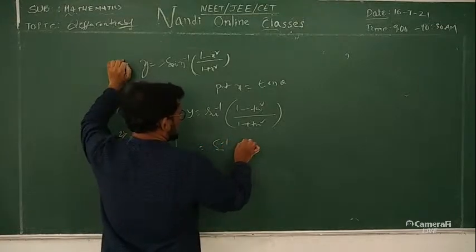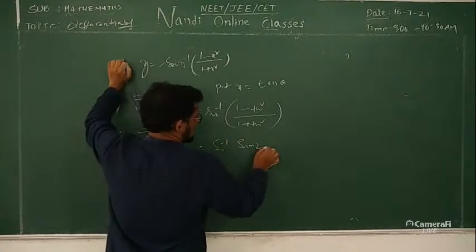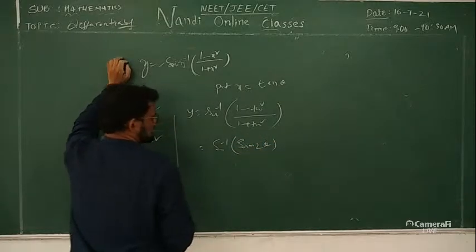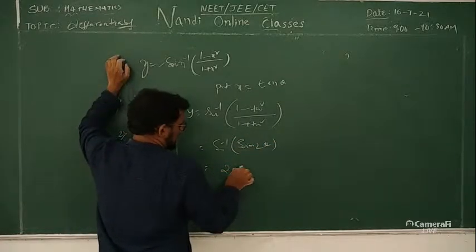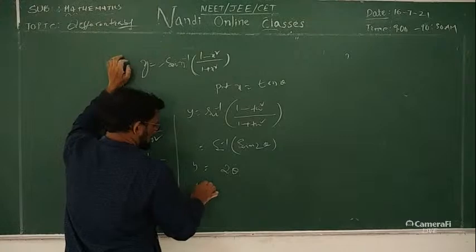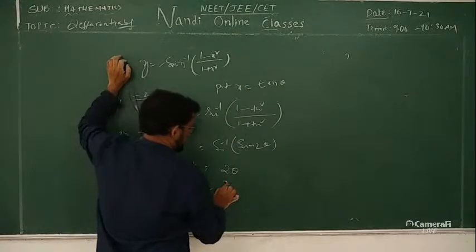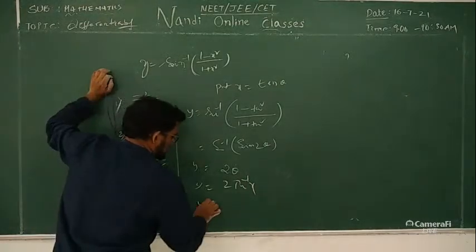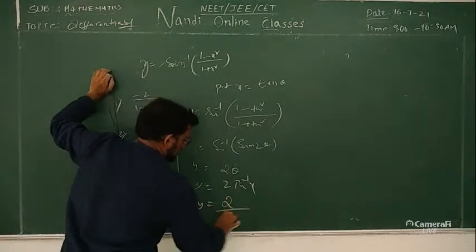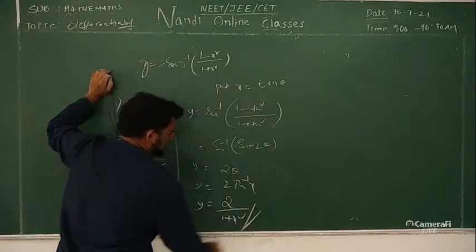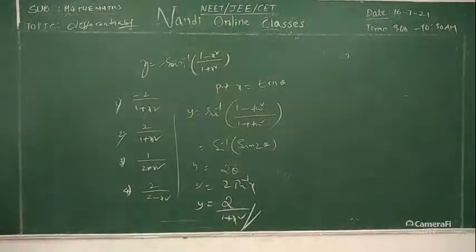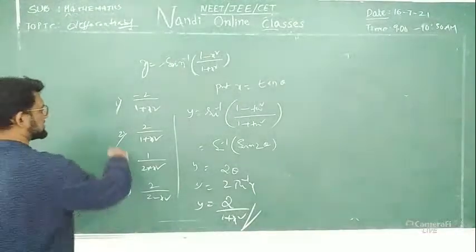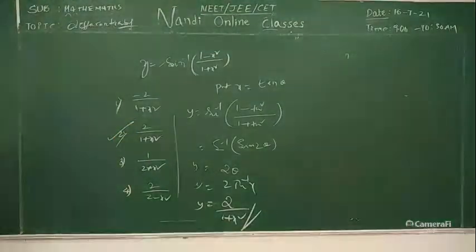It is nothing but sine 2 theta, which is nothing but 2 theta. So theta is nothing but tan inverse x. Therefore y is equal to 2 tan inverse x, so dy by dx is 2 by 1 plus x square. So 2 by 1 plus x square, second option, is the answer.